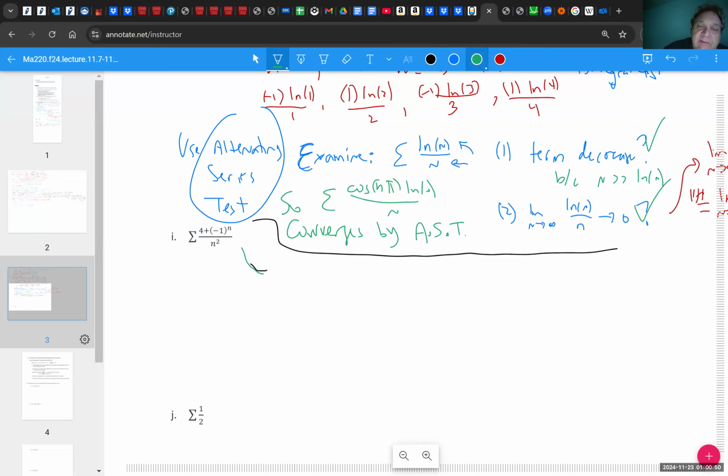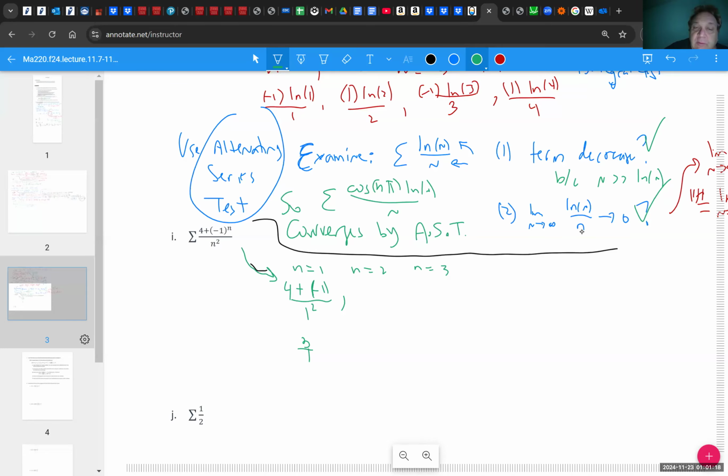So for n equals 1, -1 to the 1 is -1. 4 plus -1 over 1 squared. 4 plus -1 is 3, and 1 squared is 1, so it's 3 over 1.